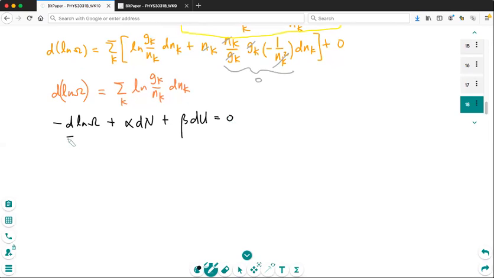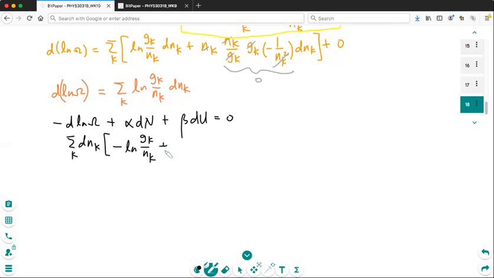Again this is my choice of the sign convention. It's a choice. So I have a minus sign that goes with log of omega, so I will have this gk over nk.